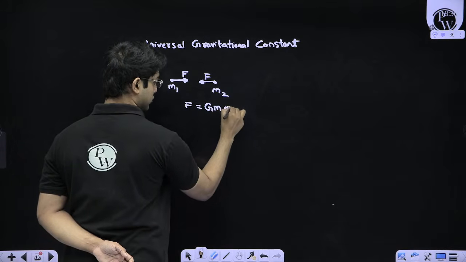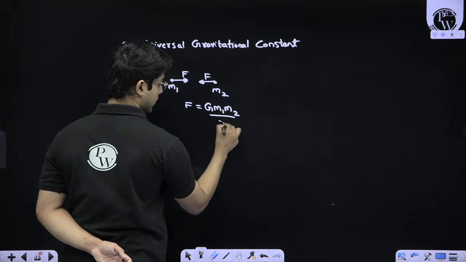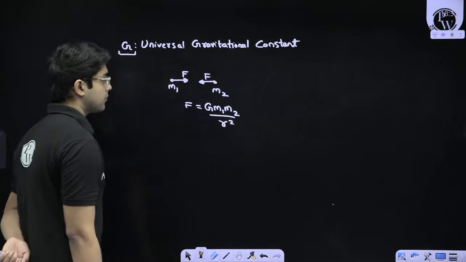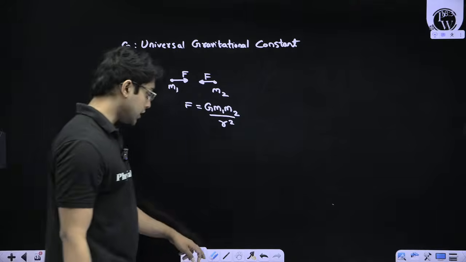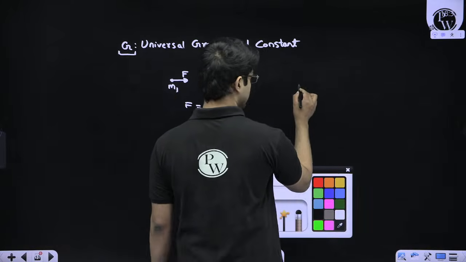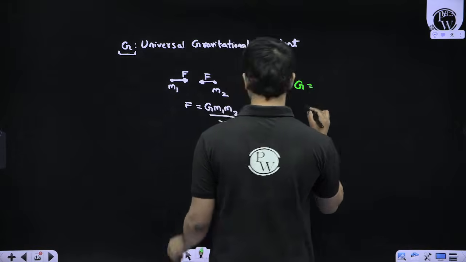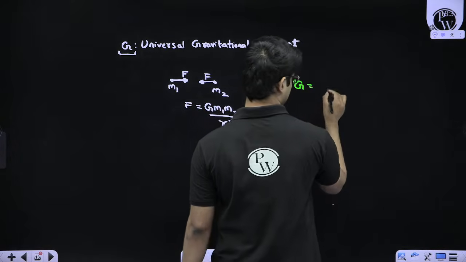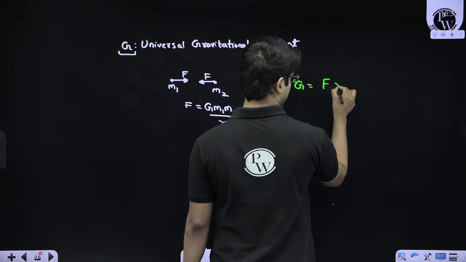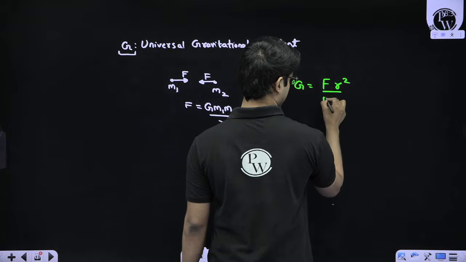Its magnitude is G m1 m2 divided by the distance between them squared. So from this formula we can pick out G separately. If you solve for it, G is F into r square divided by m1 m2.